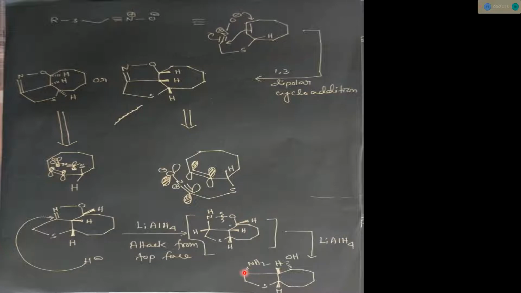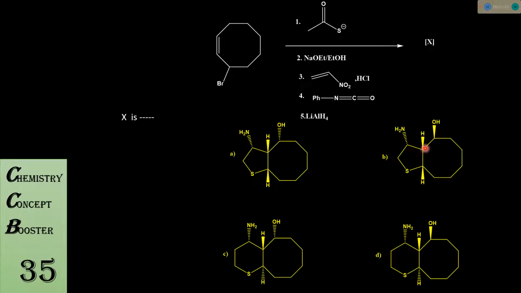So see the options. The ring junction hydrogens should be cis, either above or below, but in the other options one is above and one below, so these are not the correct answer. In this case both ring junction hydrogens are above, so among these two one is correct.